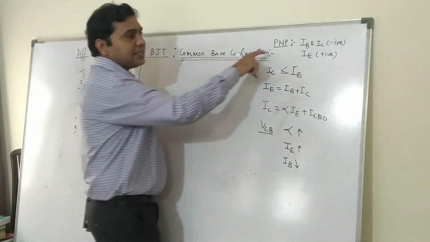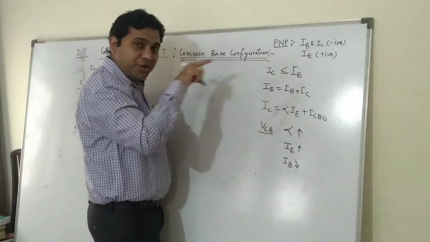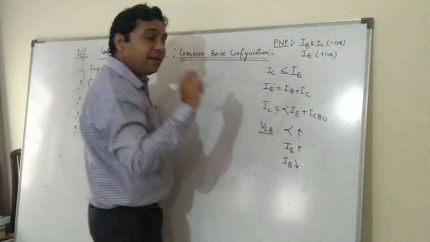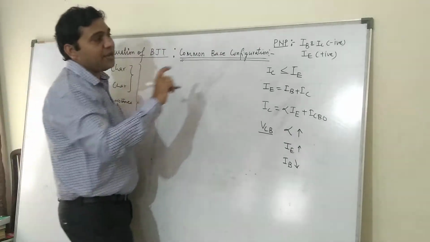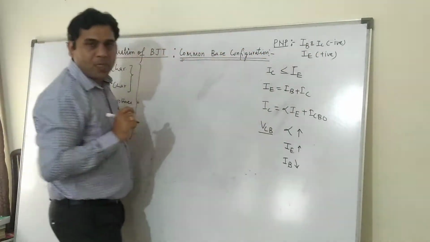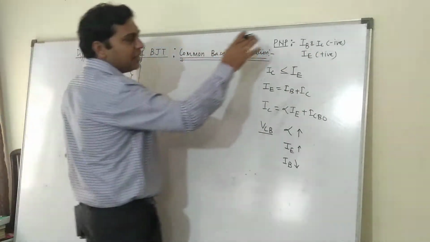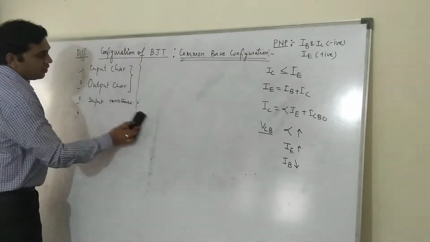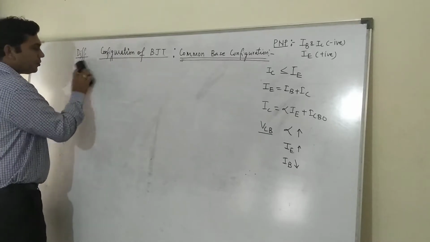Since in a PNP transistor IE is going into the transistor, we take IE as positive. IB and IC are leaving the transistor, so we take them as negative. Now, based on these things, let me draw the circuit and the characteristics of the common base configuration.